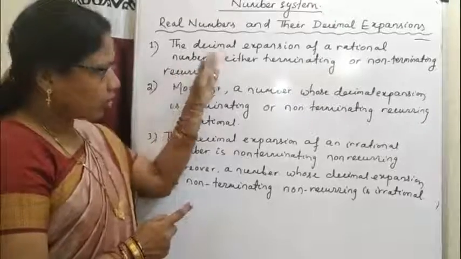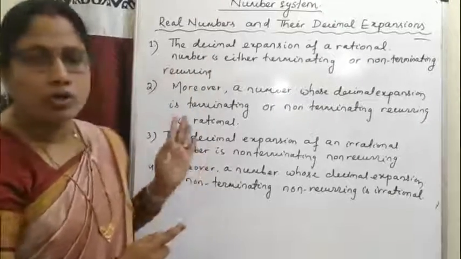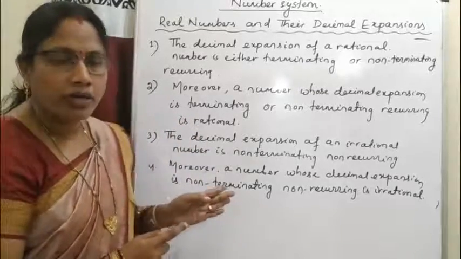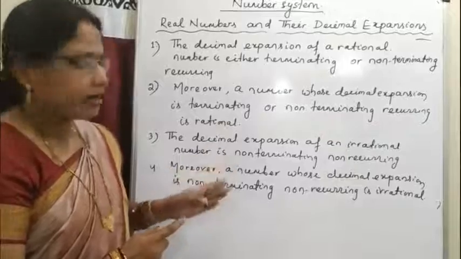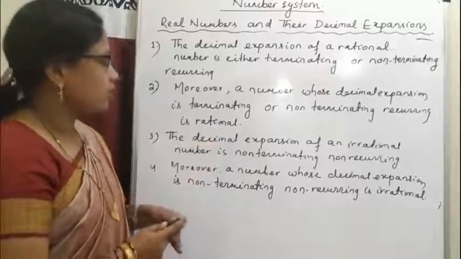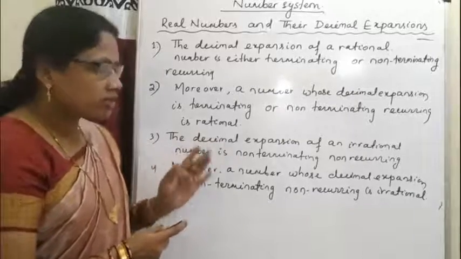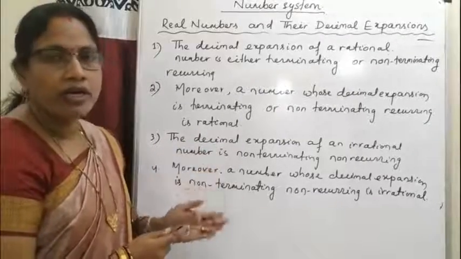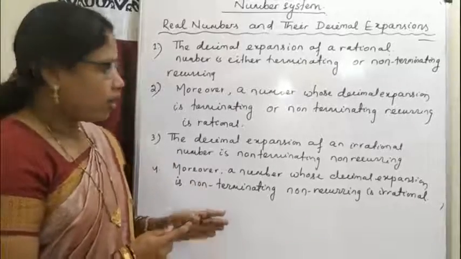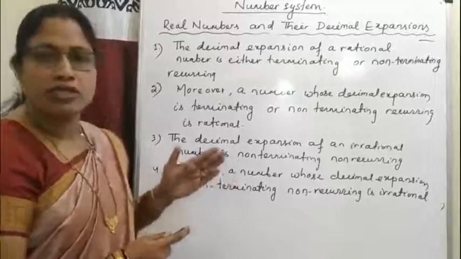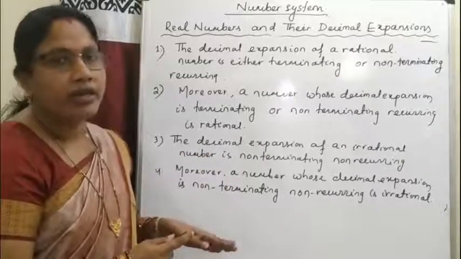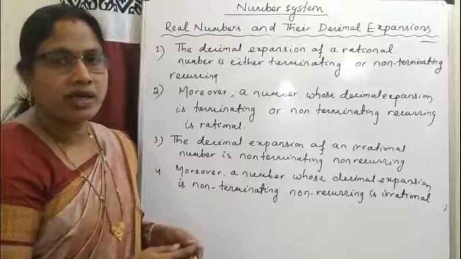Or in the converse way, a number whose decimal expansion is terminating or non-terminating recurring is a rational number. So in case of an irrational number, the decimal expansion is always non-terminating, non-recurring. And a number whose decimal expansion is non-terminating, not recurring, is an irrational number.